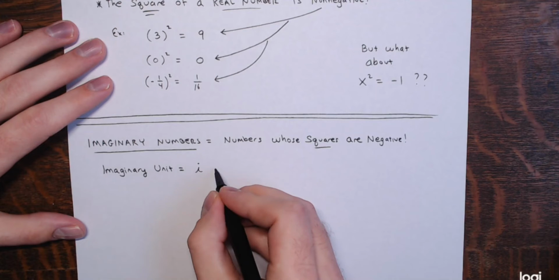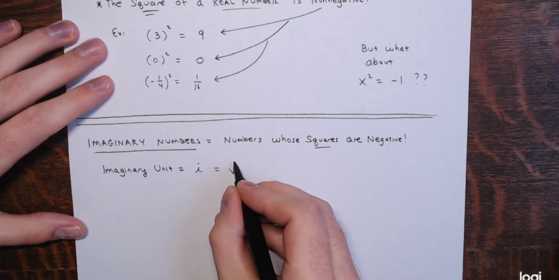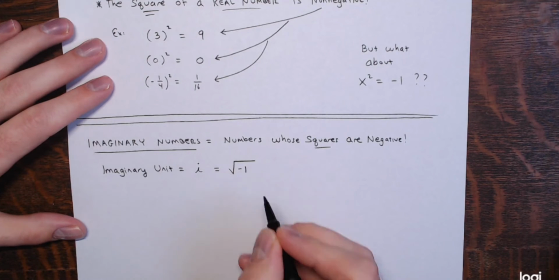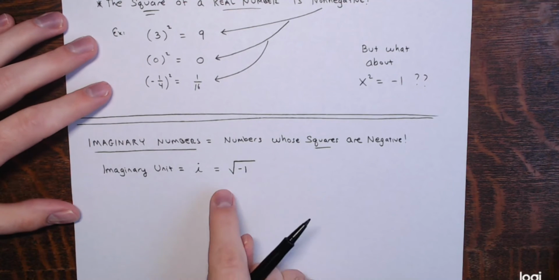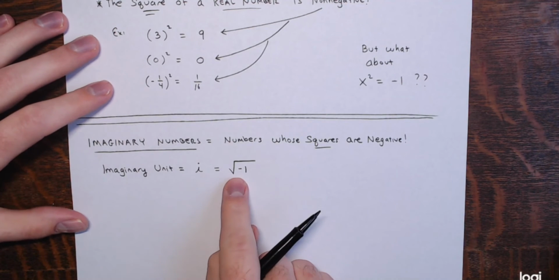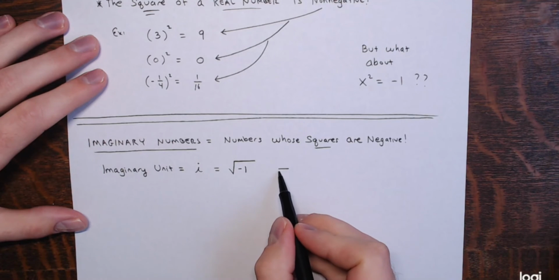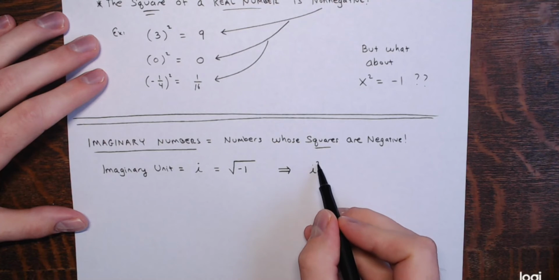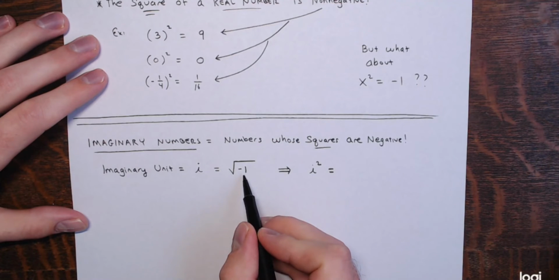And i is defined to be the principal square root of -1, because remember, every number has 2 square roots, a principal square root and its opposite. What this means is that if you square i, take i to the second power, the result is a negative number, namely -1.